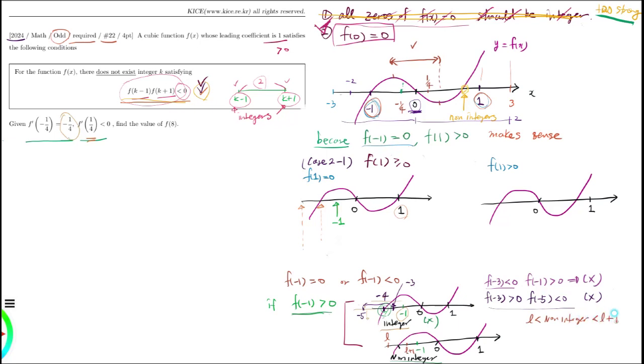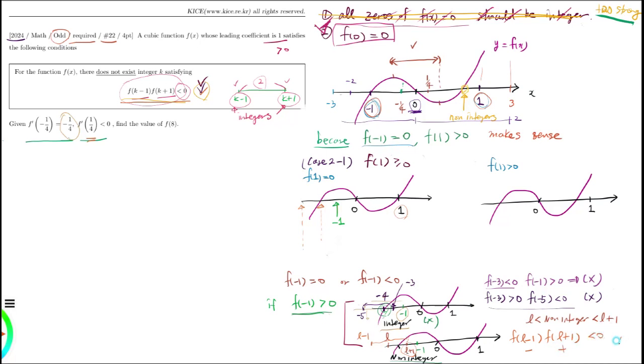And for the partner of l plus 1, the partner integer will be l minus 1, where f of l minus 1 will be negative, whereas f of l plus 1 will be positive.